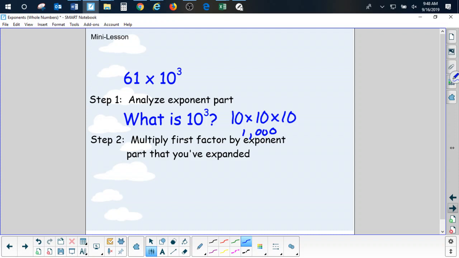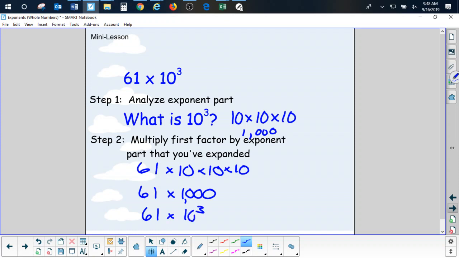So what the problem's really having us do is 61 times 10 times 10 times 10, or we could write it as 61 times 1,000, or we could write it like they have as 61 times 10 to the third. Either way, we can solve each one by understanding how many zeros we need.